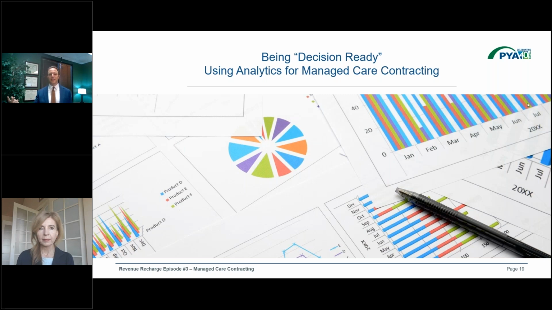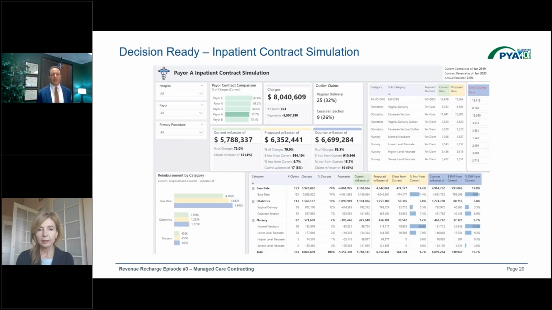Today, I'd like to share a few examples of how we've helped hospitals prepare to submit proposals to payers and monitor contract performance. The first example I would like to look at is related to a proposal that was being submitted for inpatient services. The contract was related to inpatient, professional, and outpatient.